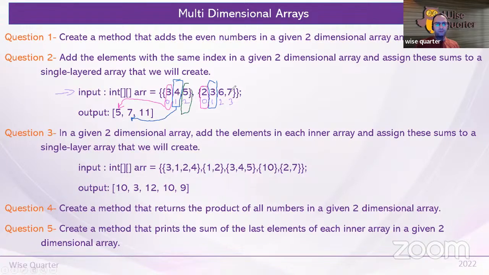Index 2s, 5 plus 6, and it is 11. Okay, just like this, we will calculate the sums of those numbers. But the first one does not have index 3, so we are not going to calculate it.